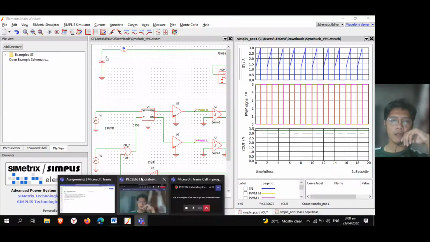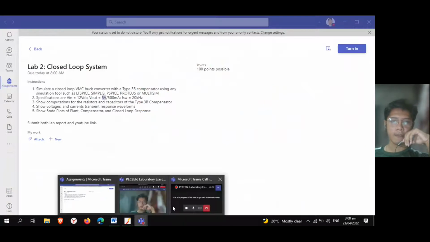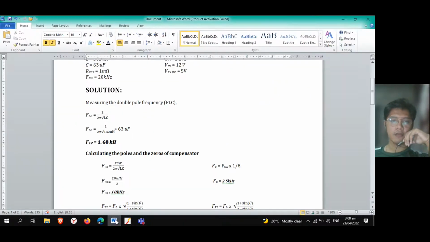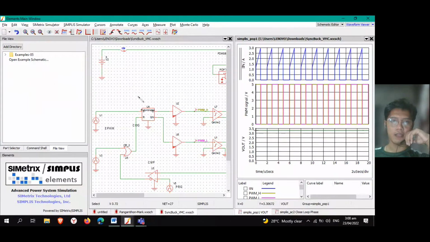The requirement here is that it should be 5 volts. So we need to change the values of the circuit so that the Vout becomes 5 volts.